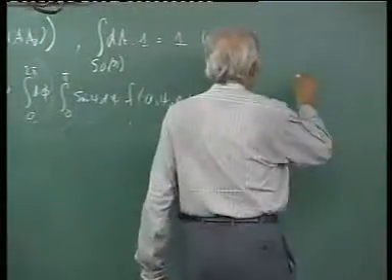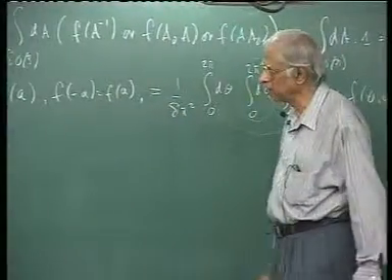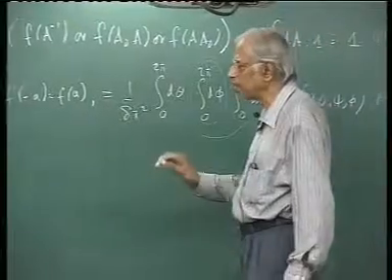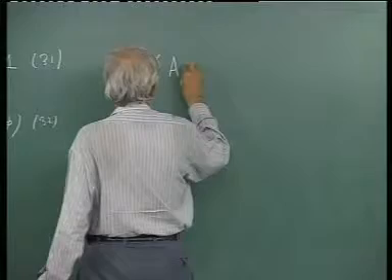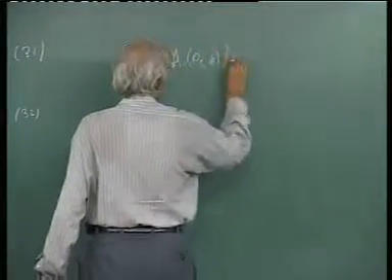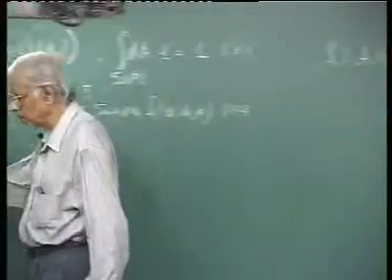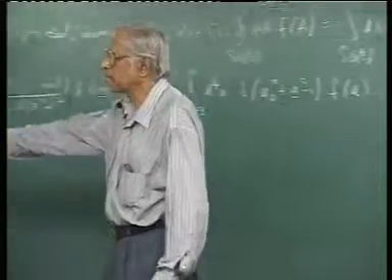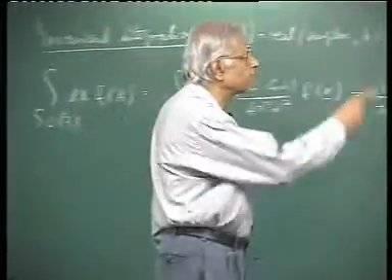Now, supposing you have a function on the group SO3 which is constant over SO2 cosets. That is to say, I take a function which does not change its value when I move from the argument A to some other point in the coset of A. What does this mean?